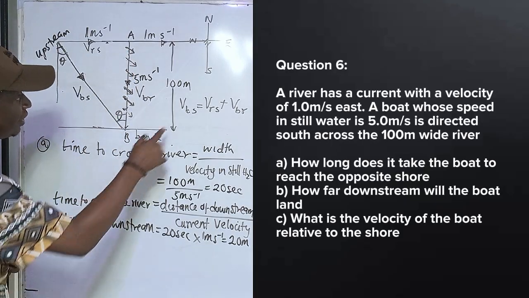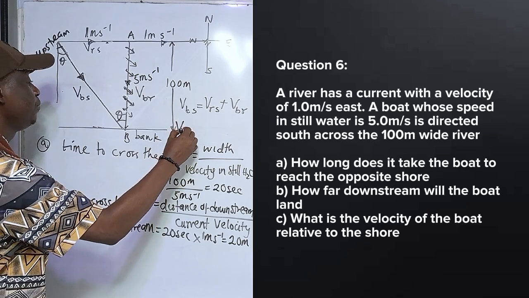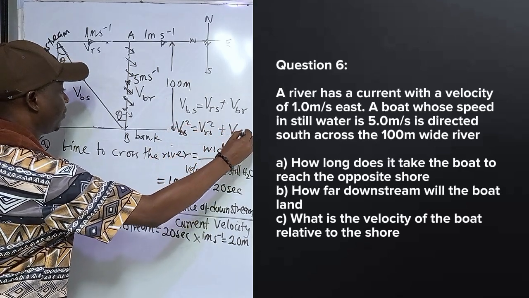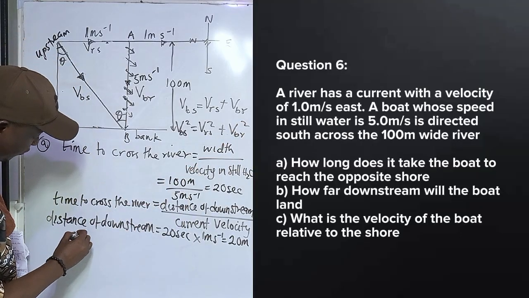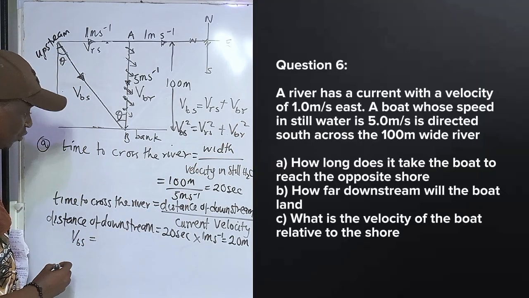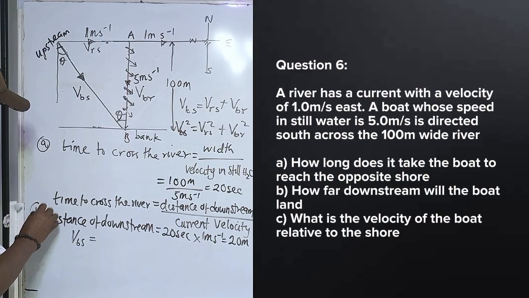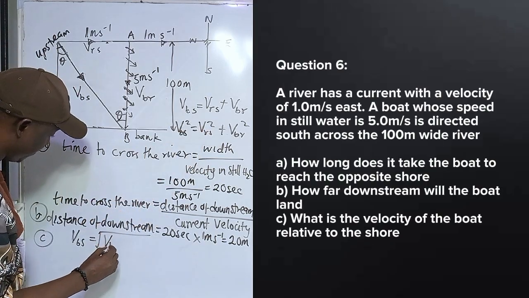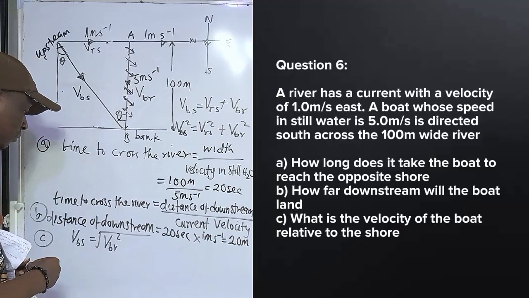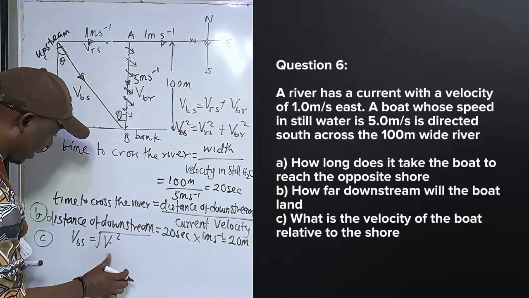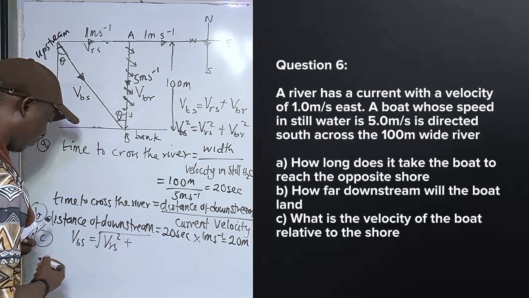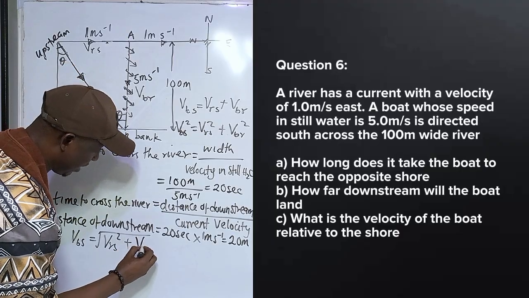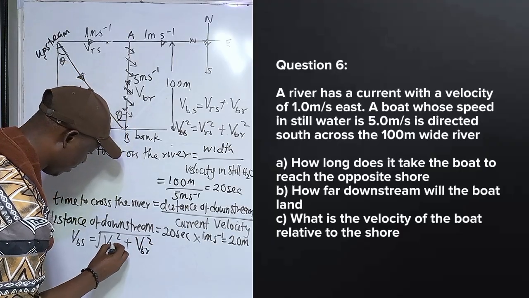Now, if you want to solve it using Pythagoras theorem, that would be VB squared plus VBR squared. So quickly, let's go. VBS, which is question C. Don't forget this line is B. C now is the square root of VBR squared plus VRS squared.